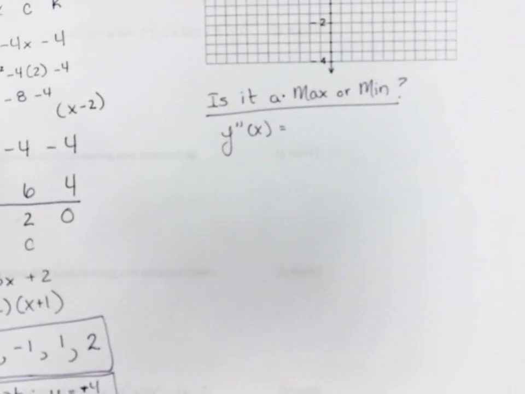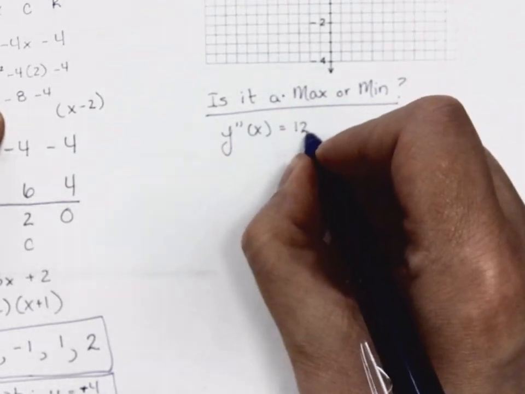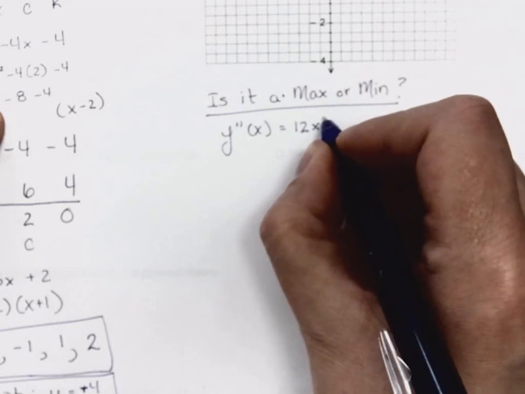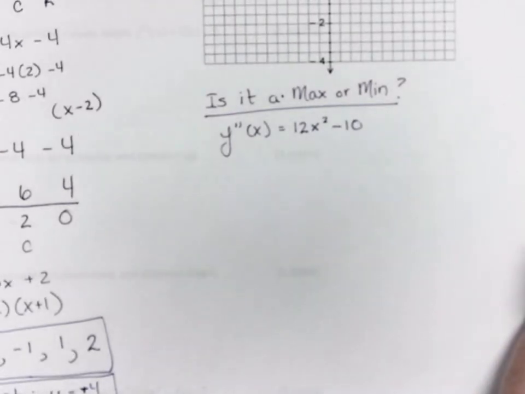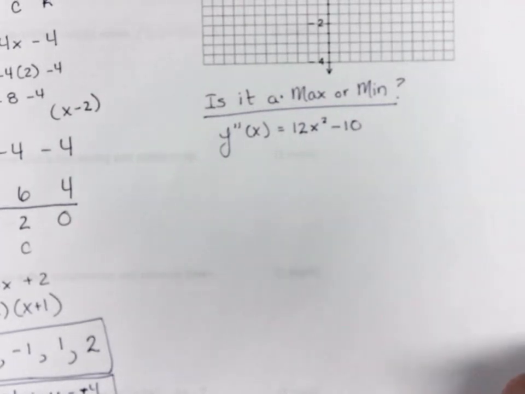And the second level derivative is, where's my first derivative? It's down here, so it's going to be 12x squared minus 10. I think I did that right. Yes, I did. And so what do we do with this when we're doing second derivative?